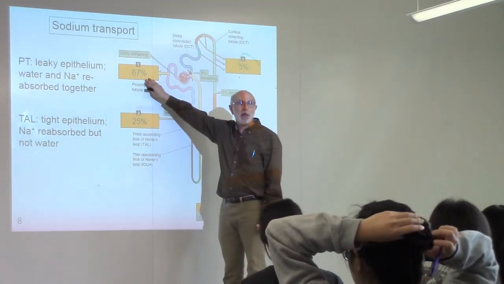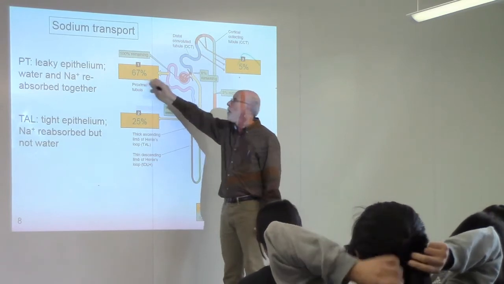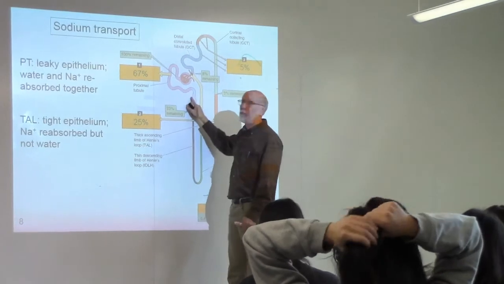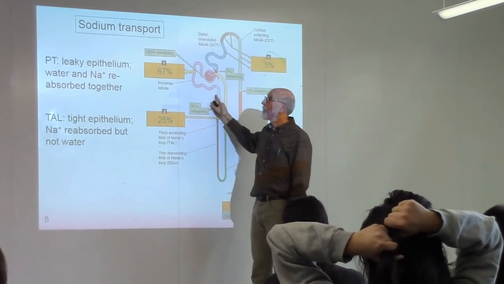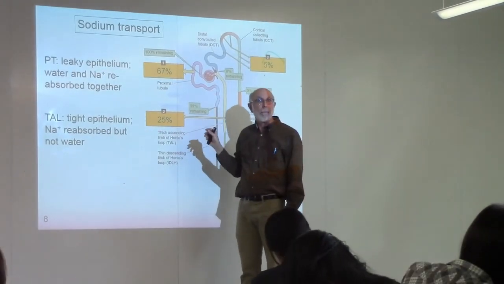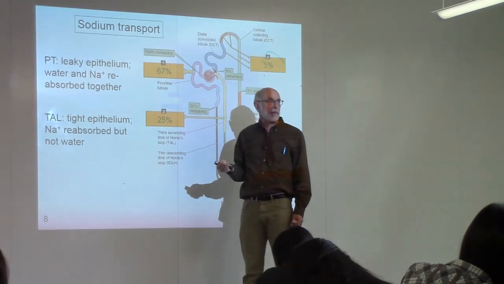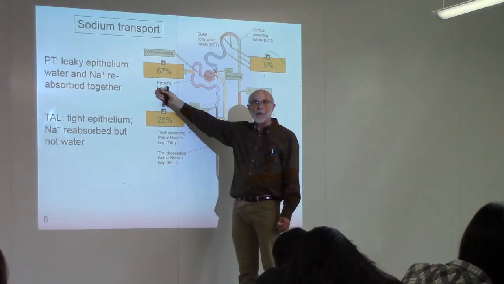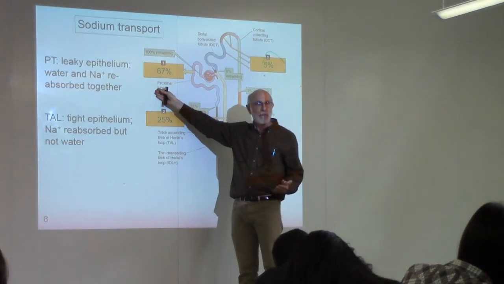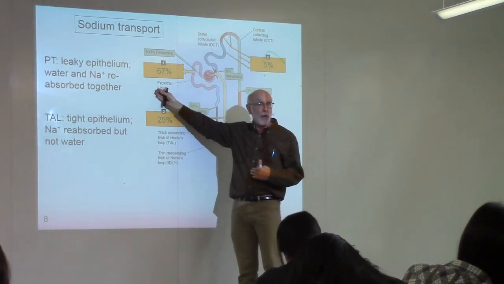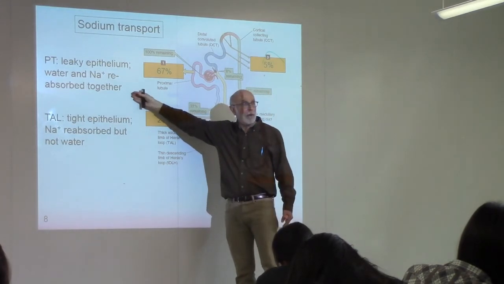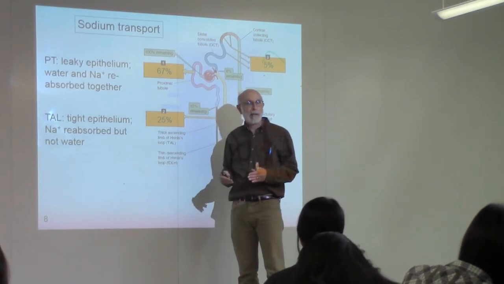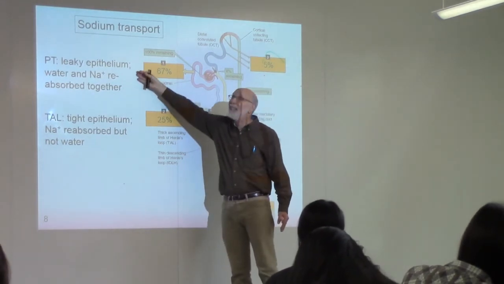Two-thirds of the sodium that is filtered at the glomerulus is reabsorbed in the proximal tubule by active transport mechanisms. Water is going to follow the solute osmotically because the epithelium is leaky.